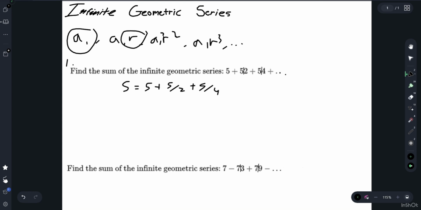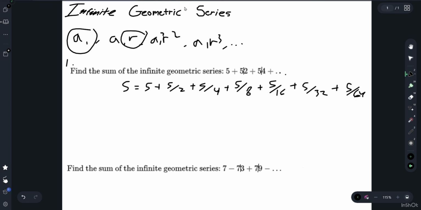We can see each time they multiply by 1/2, so 1/2 is the common ratio here. The next term would be 5 over 8, and 5 over 16, and 5 over 32, and 5 over 64.